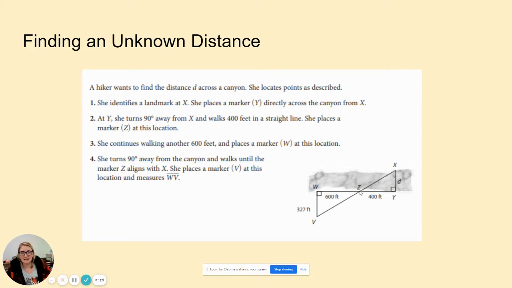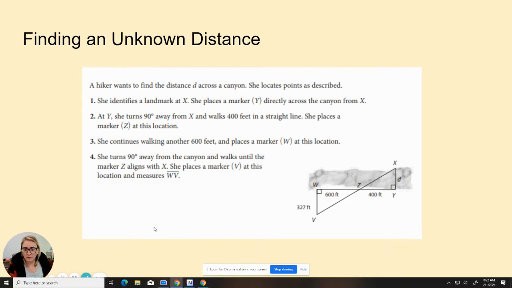She places Z there. She continues walking 600 feet, places a marker there, turns 90 degrees, and walks until she gets to V, and she places a marker there. Okay? She needs to know, based on this diagram, how she can figure out the distance across the canyon.